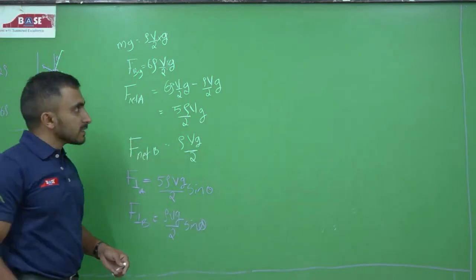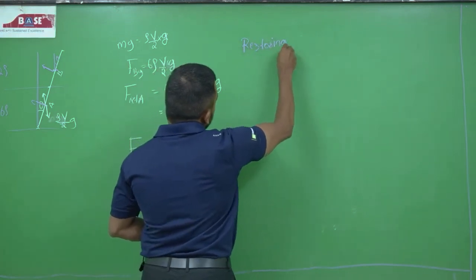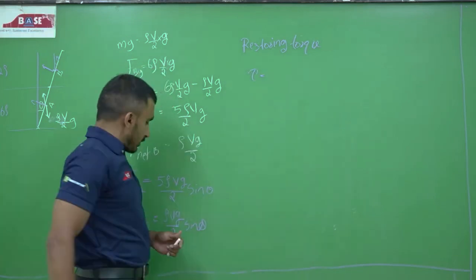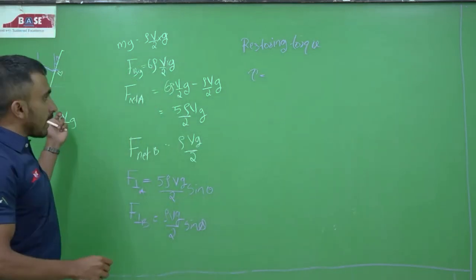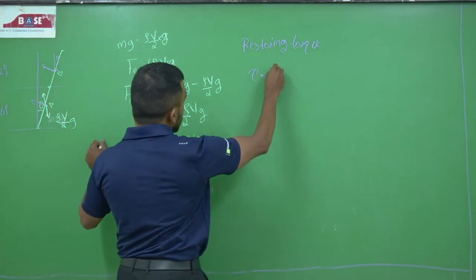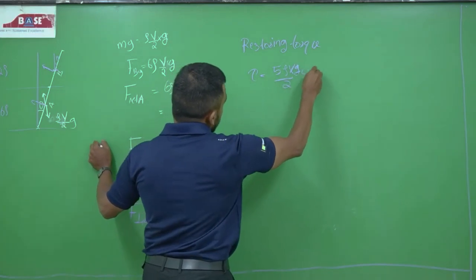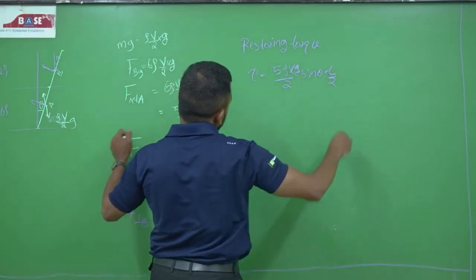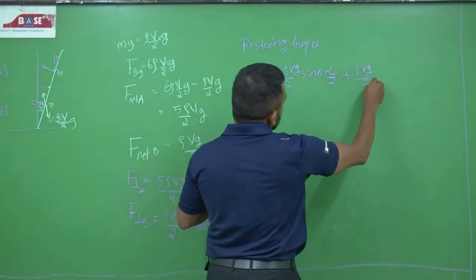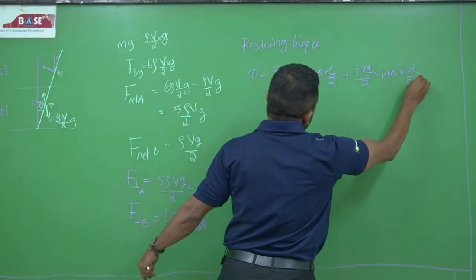So now we are going to discuss the restoring torque. Torque will be equal to force into displacement, right? Up to the point here, the displacement will be L by 4. So you will get 5 rho V g by 2 sine theta into L by 4, plus one more torque, rho V g by 2 sine theta, up to point B, which is 3L by 4.